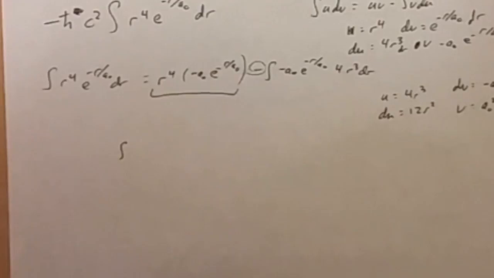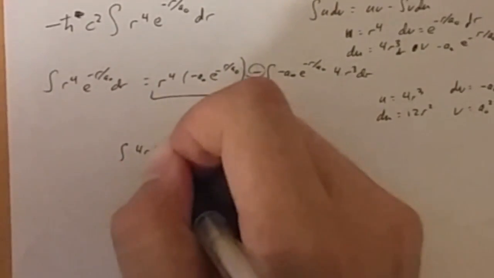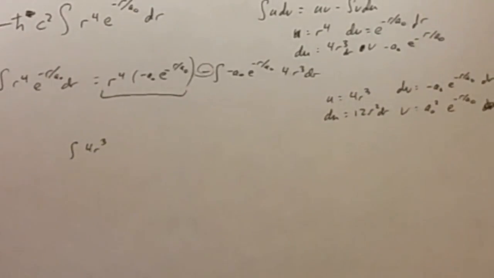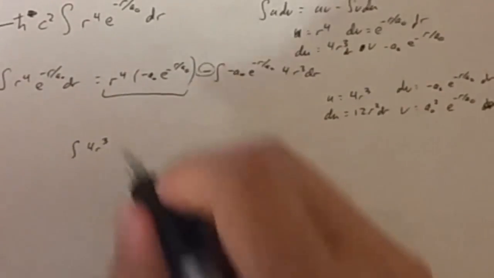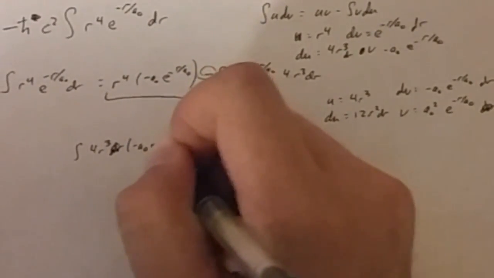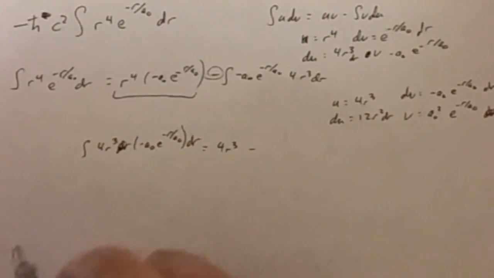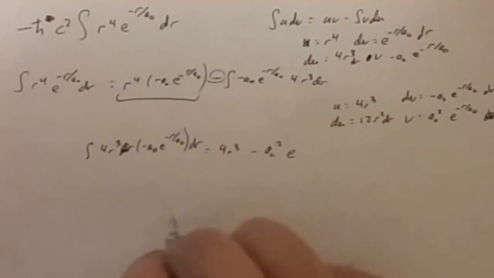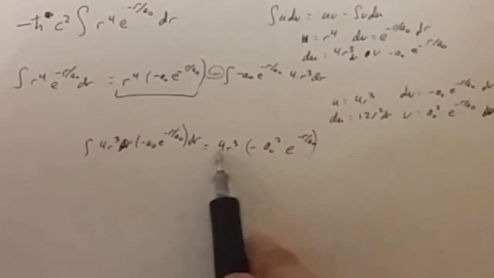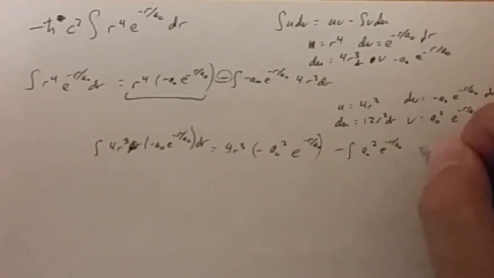So then the integral of 4r cubed dr, 4r cubed u dv, negative a naught e to the negative r over a naught, equals uv, 4r cubed minus a naught squared e to the negative r over a naught, uv minus integral of v du.